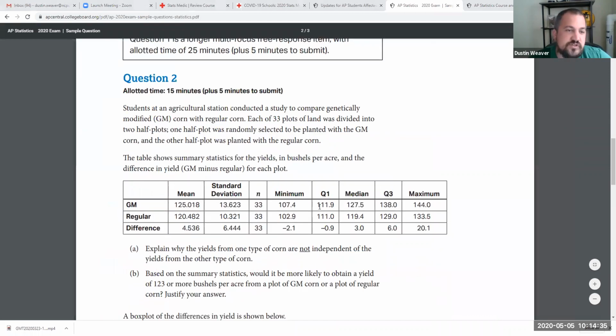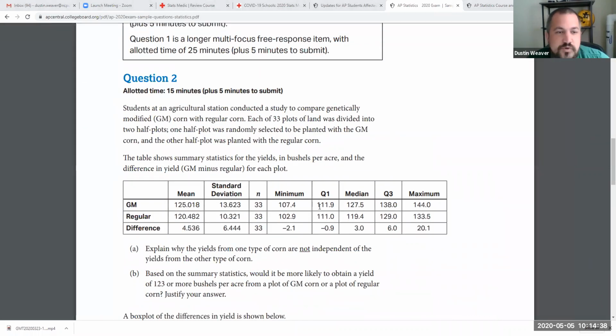So, question number 2. Students at an agricultural station conducted a study to compare genetically modified corn with regular corn. Each of 33 plots of land was divided into 2 half plots. One half plot was randomly selected to be planted with the genetically modified corn.